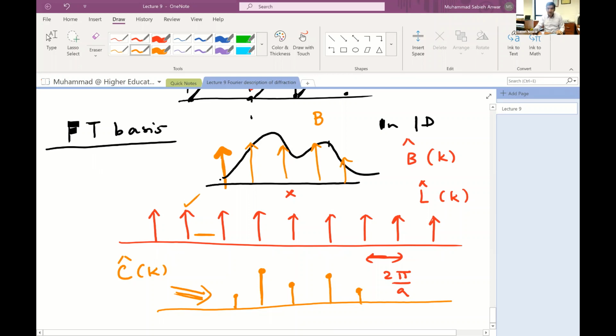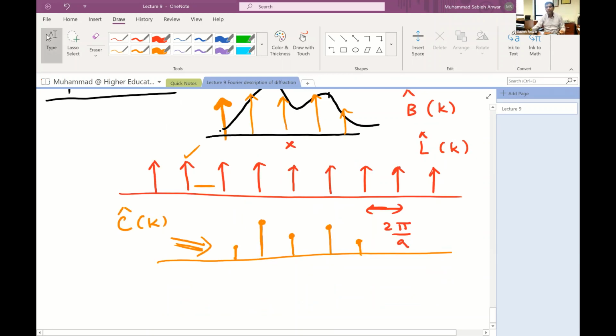And this is in fact equal to, if I take the modulus square of this. So this C, by the way, can be a complex function, as I'll show you with some examples in the next lecture. If I take the modulus square of this pattern, and by the way, this is the reciprocal space here.